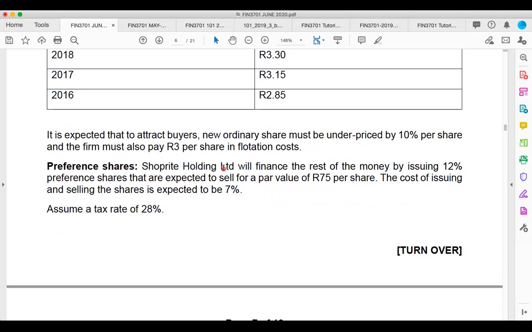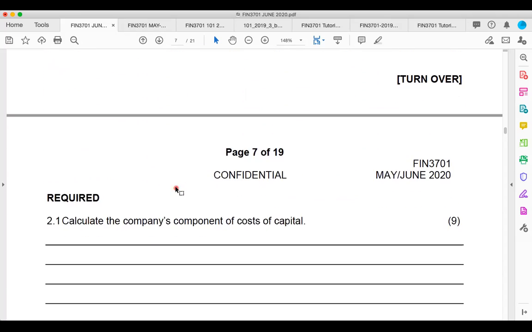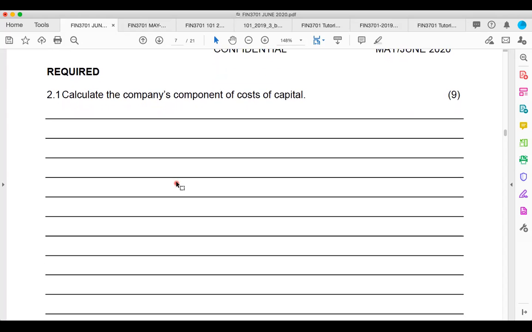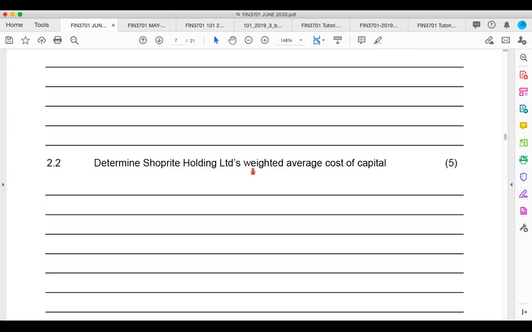And then preference shares: ShopRite Holding will finance the rest of the money by issuing 12% preference shares that are expected to sell for a par value of 75 Rand per share. The cost of issuing and selling the shares is expected to be 7%. So calculate the company's component costs of capital and then determine the weighted average cost of capital.